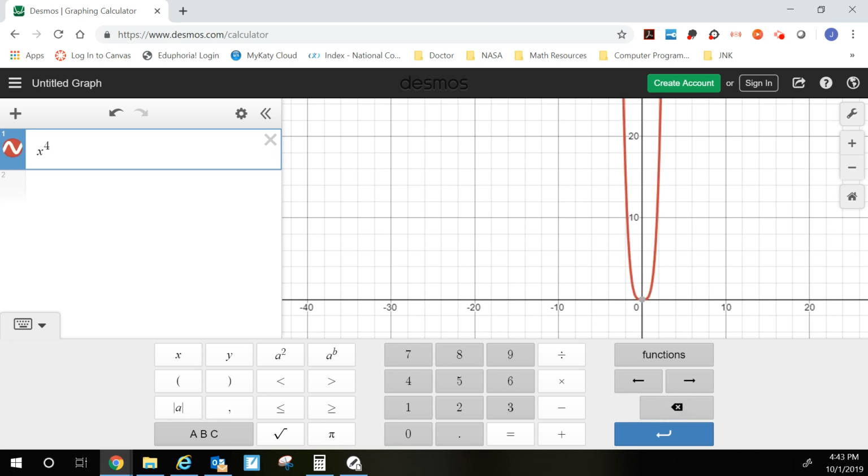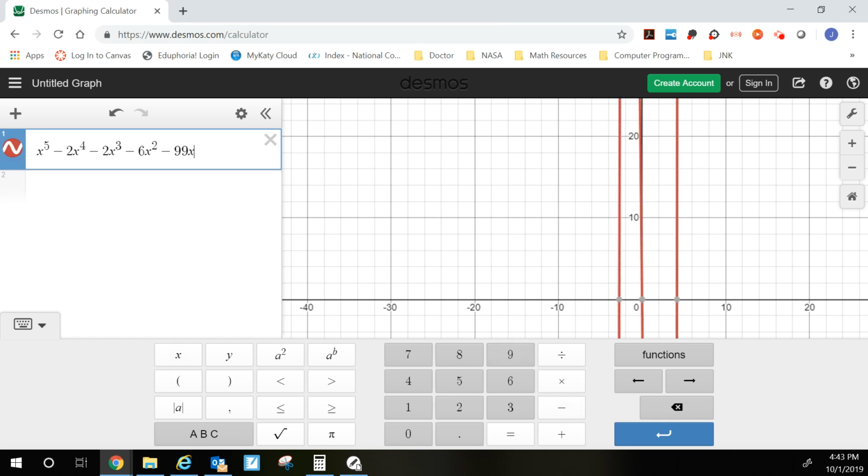All right, we've got x to not the 4th, but to the 5th, minus 2x to the 4th, minus 2x to the 3rd, minus 6x squared, minus 99x plus 108.